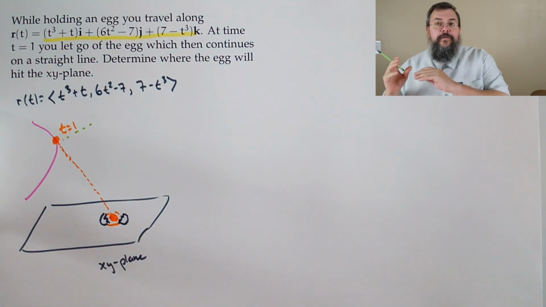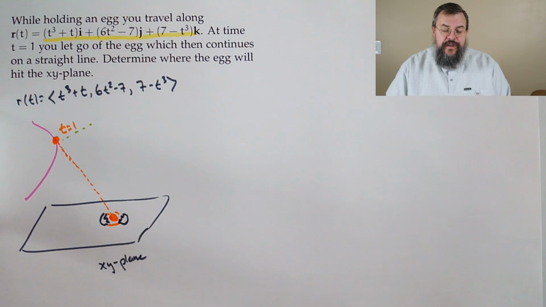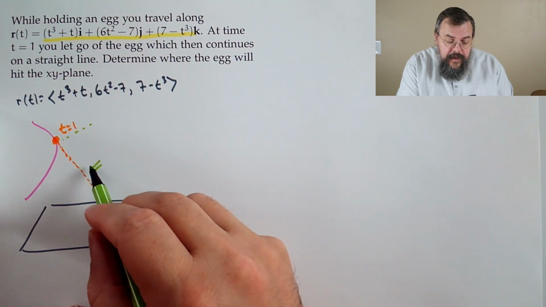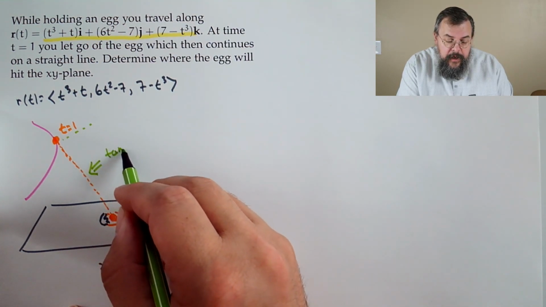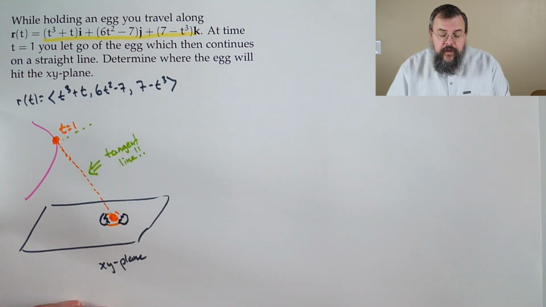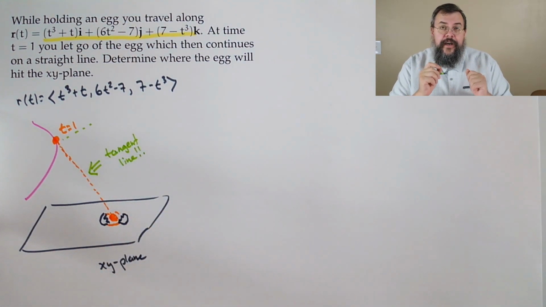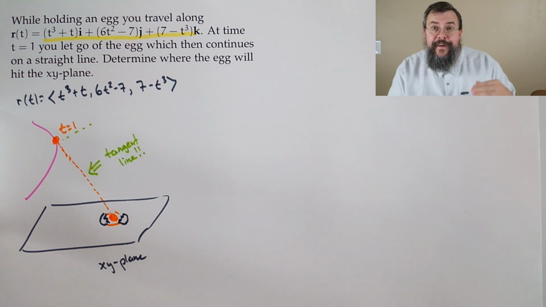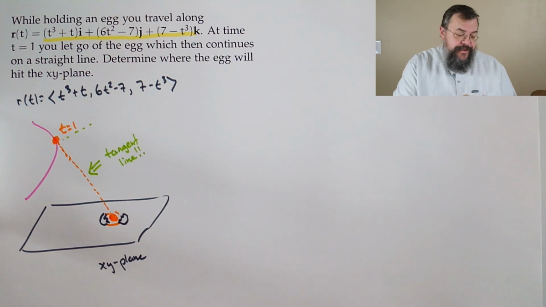What it'll do is follow the current motion. So here's the key idea. This line is our tangent line. And so our key idea is we need the tangent line at time t equals 1. And then, once we have that, we move on from there.